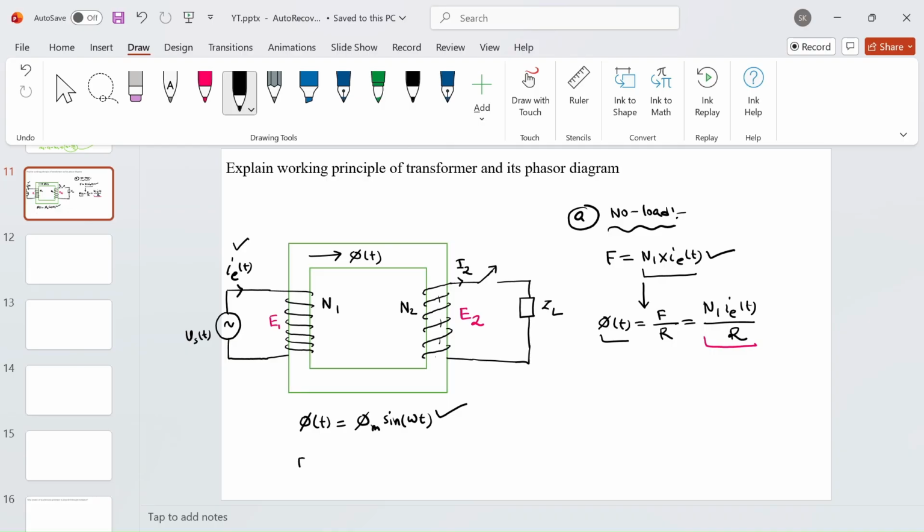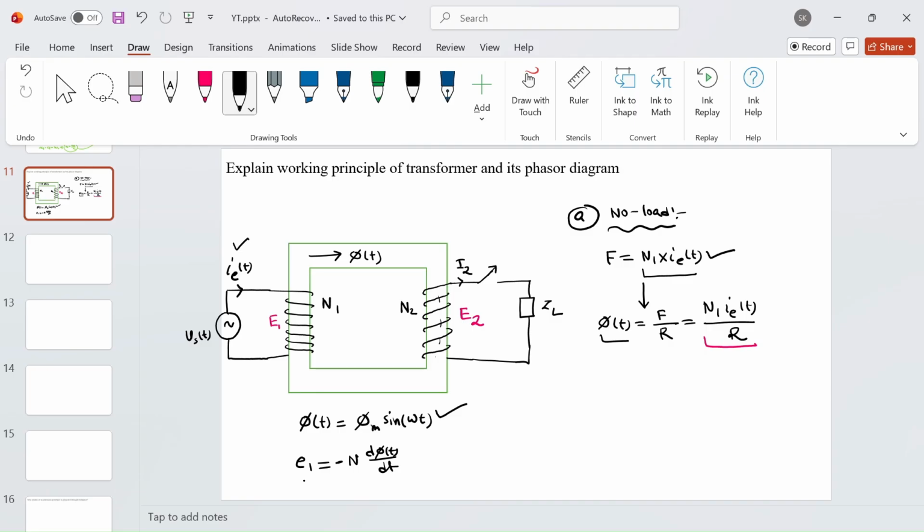That is nothing but E1. Maybe I can say it is a small e1 equals n1 d phi by dt. Now, in this particular equation, let's say I consider the Lenz law, Lenz effect also. So for that, I need to give a minus sign here, and this minus sign will basically represent that the effect will oppose its cause of creation.